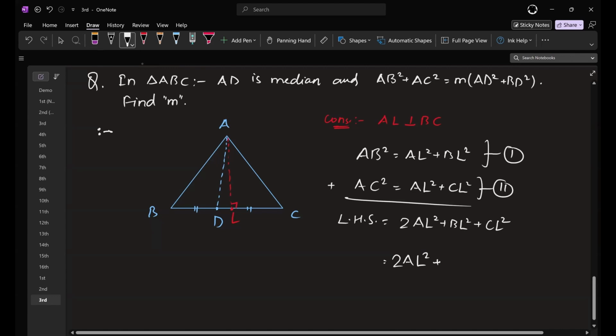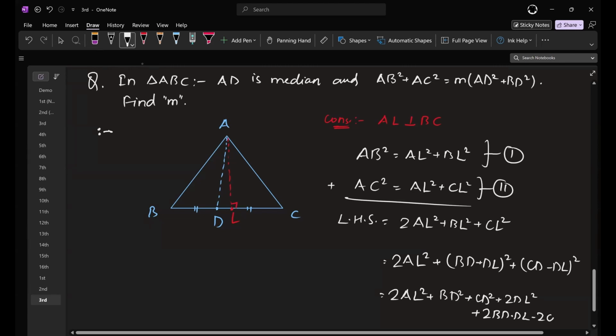But BL we can write as BD plus DL whole square, and CL we can write as CD minus DL whole square. Now this is going to be equal to 2AL square plus BD square plus CD square plus 2DL square plus 2BD into DL minus 2CD into DL.